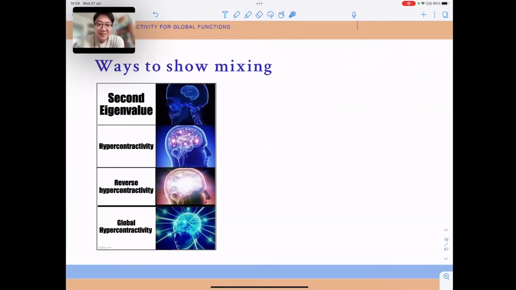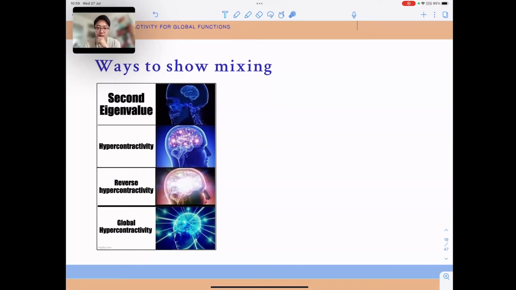Gowers' approach was the second eigenvalue method. For those who know it, he used the trace method and representation theory to upper bound the second eigenvalue. But there are other technologies, like hypercontractivity, that give you stronger mixing properties.